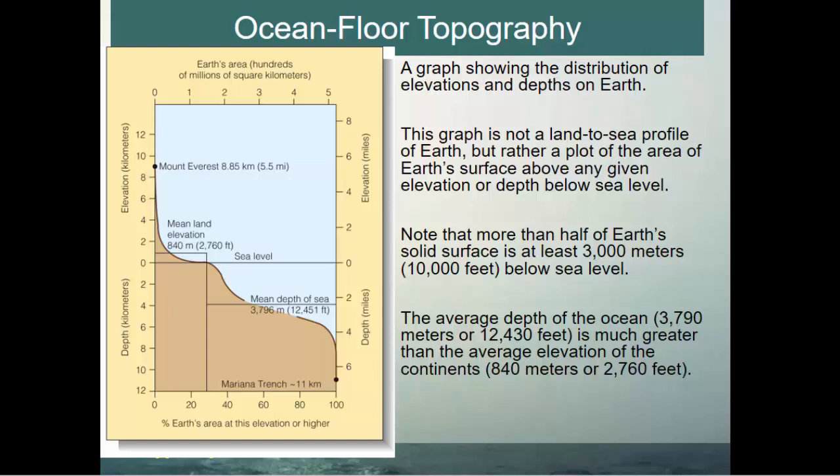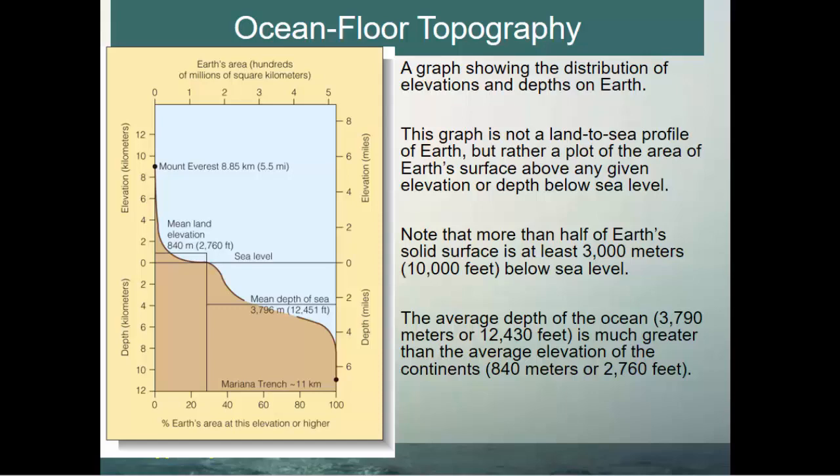So more than half of the Earth's solid surface is at least 3,000 meters, 10,000 feet, below sea level. And the average depth of the ocean is about 3,790 meters, which is much, much greater than the average elevation of the continents.